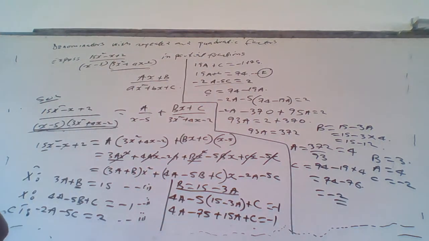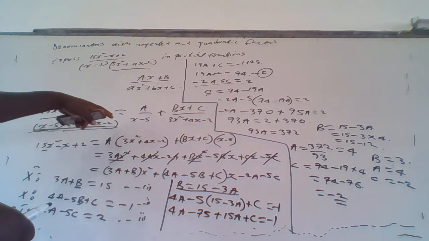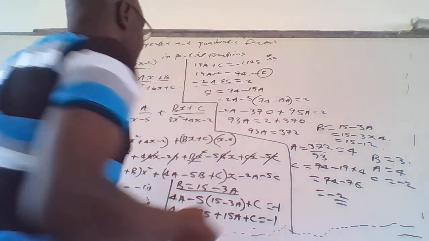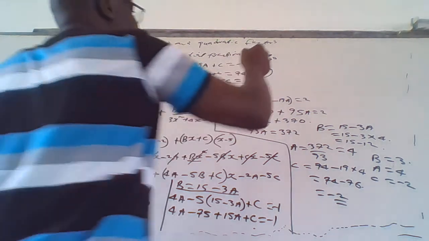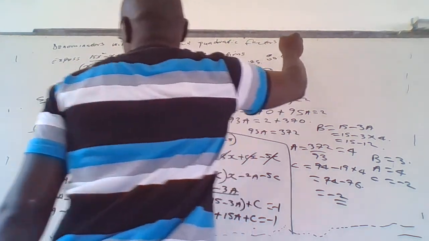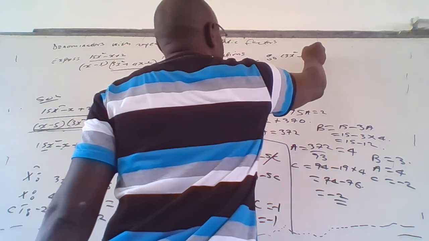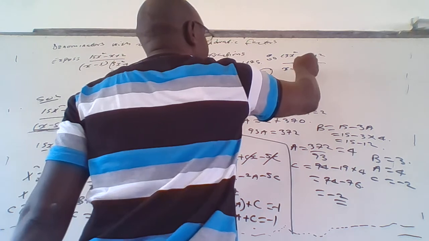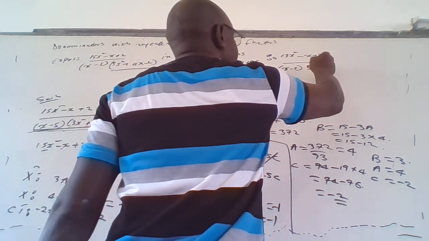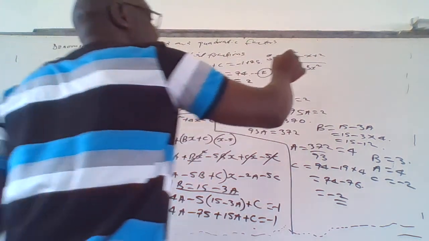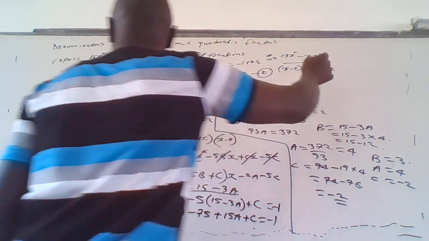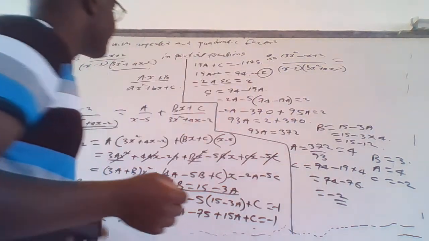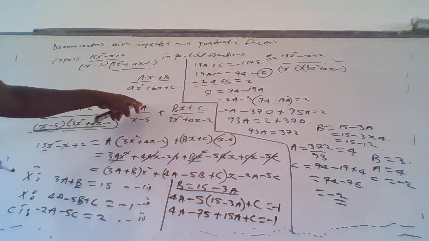Once you have the values of the unknowns, then we go back and substitute in the given expression. Therefore, the partial fractions for 15x squared minus x plus 2 over x minus 5, 3x squared plus 4x minus 2 equals, we have a over this.